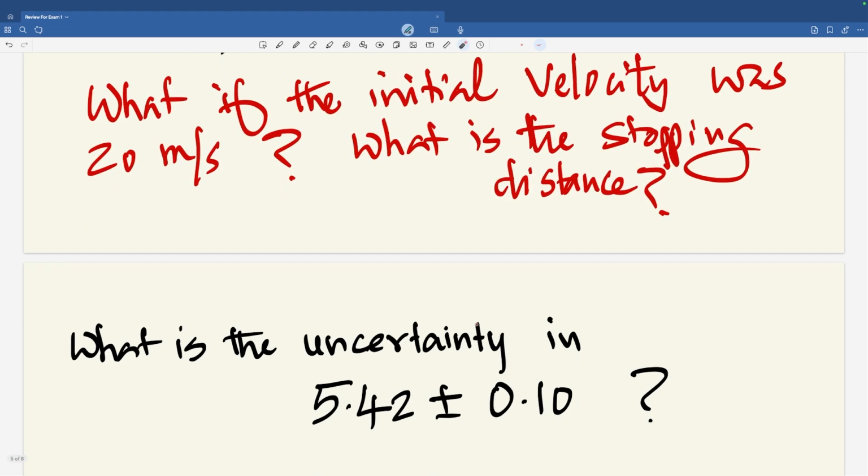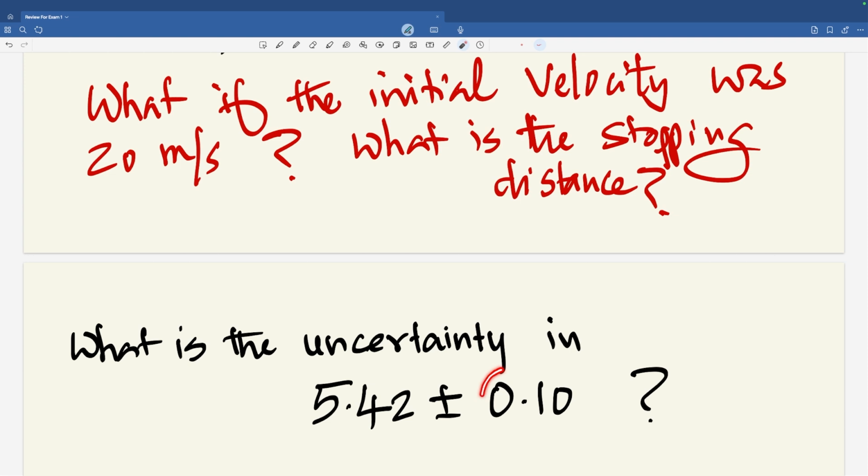Here is a simple question from chapter 1 where you talk about uncertainties. Question is, what is the uncertainty in this measurement, 5.42 plus or minus 0.10? So what you got to do here is, this is the certain part, this is the uncertain part.